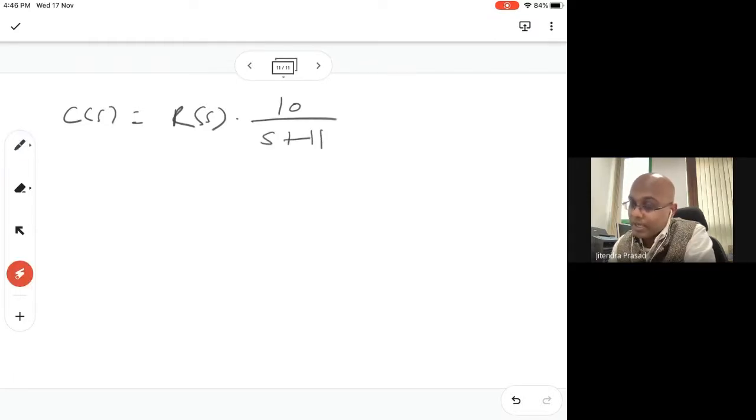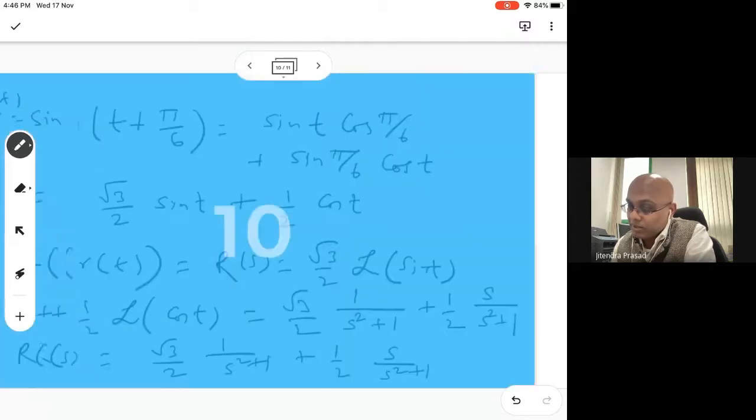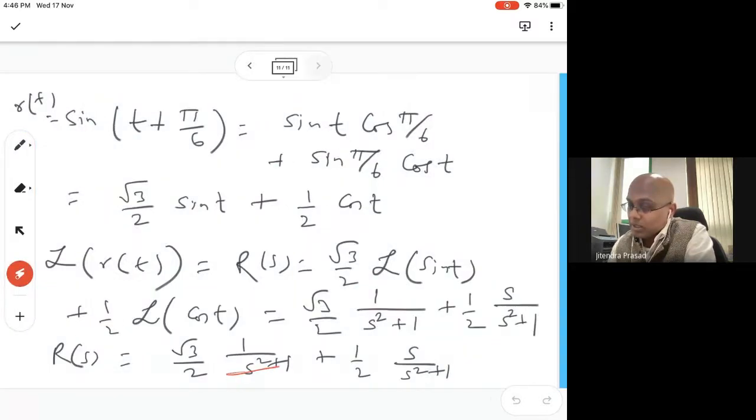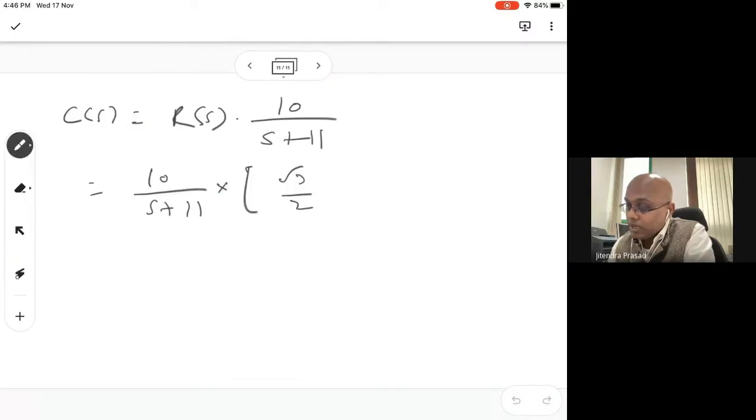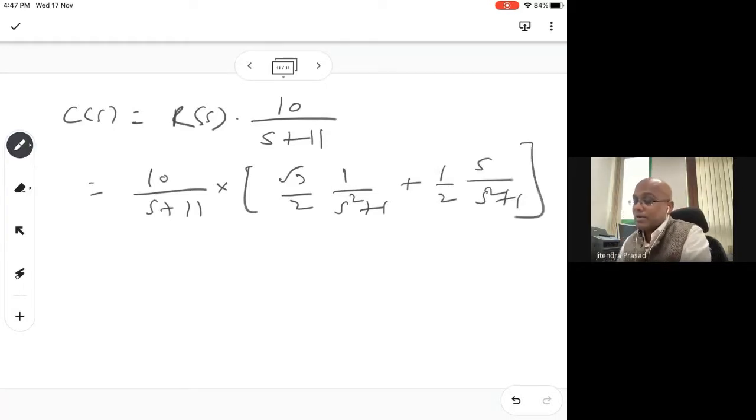This is the closed loop transfer function, and R(s) we know, so 10 over s plus 11 multiplied by root 3 over 2 times 1 over s square plus 1 plus half s over s square plus 1.